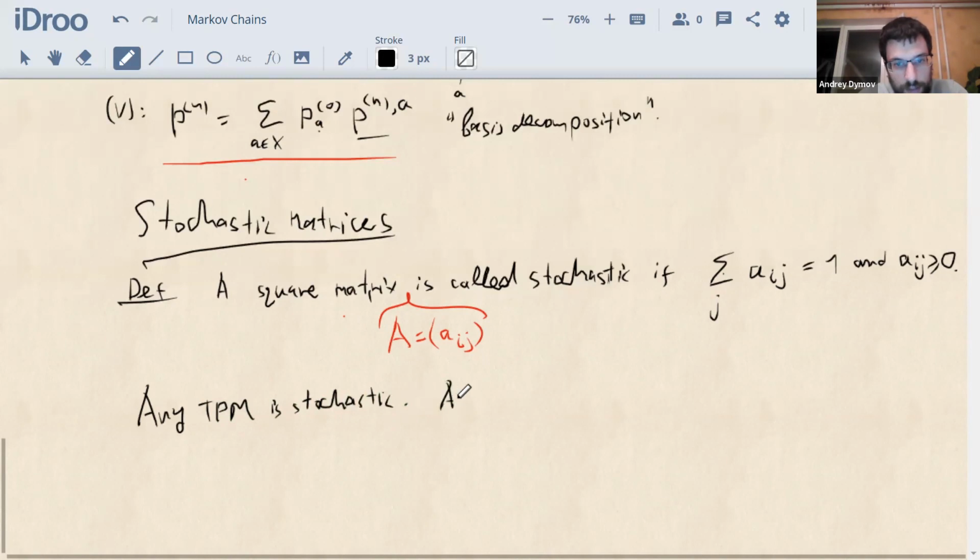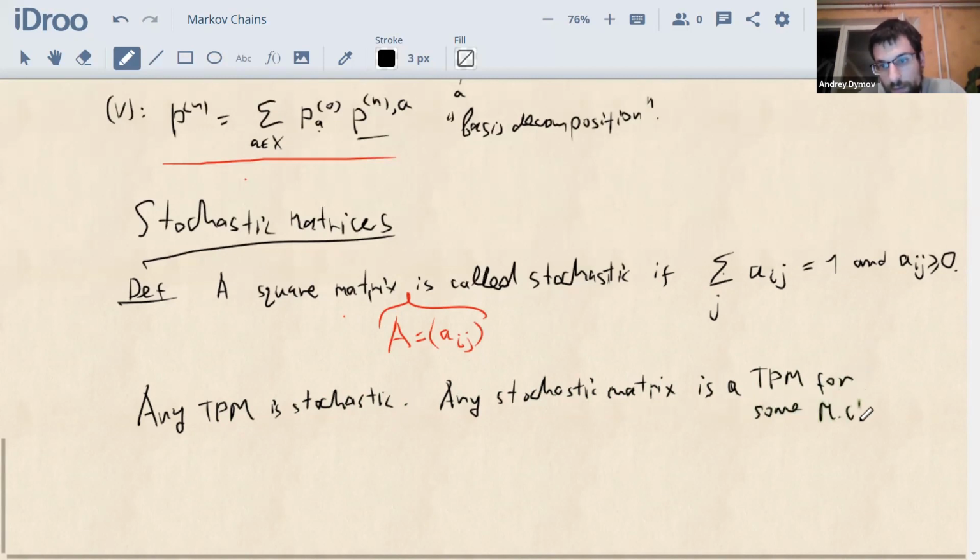Moreover, any stochastic matrix is a transition probability matrix for some Markov chain, because you can just take an arbitrary initial distribution, take this stochastic matrix as the transition probability matrix, and that's it.